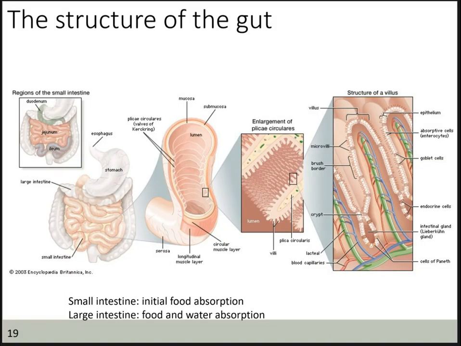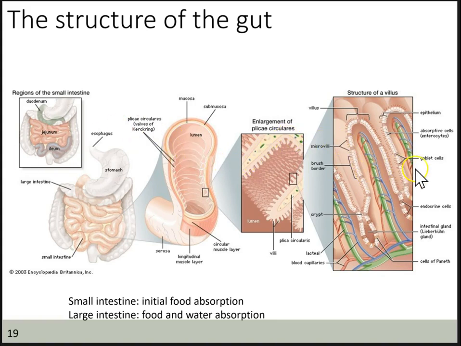So the gut is basically a big tube that has a whole bunch of ridges inside of it. And those ridges are called villi, and they increase the surface area of the gut. That leads to more surface area for nutrients to be absorbed by the epithelial cells that line all of these villi.